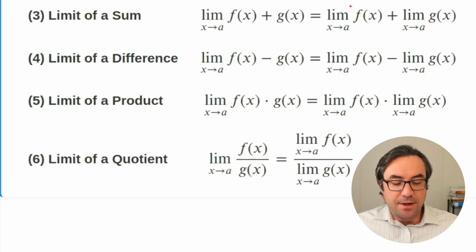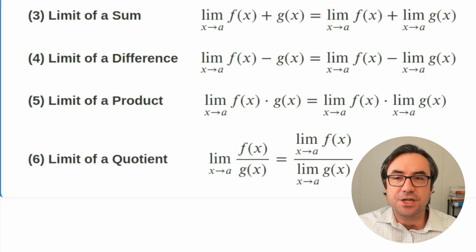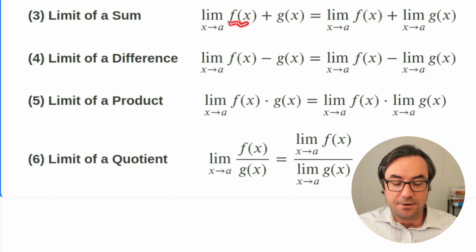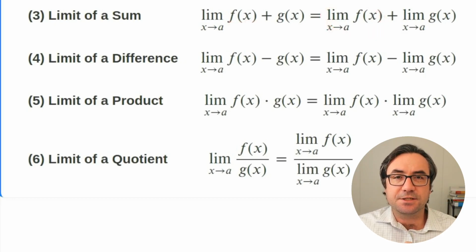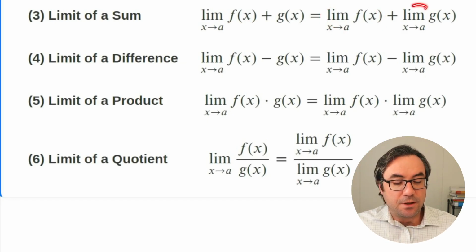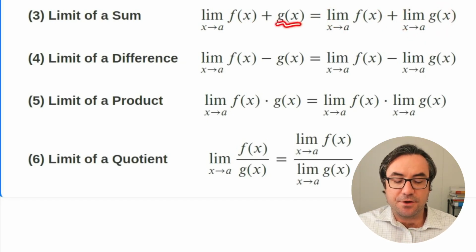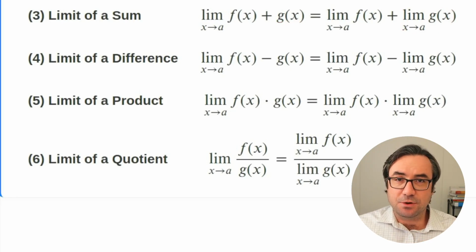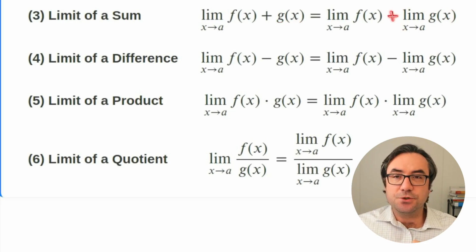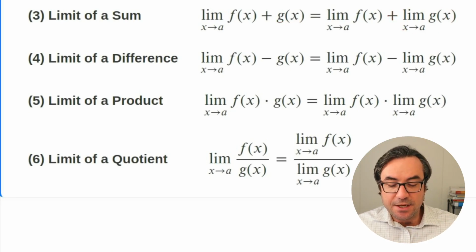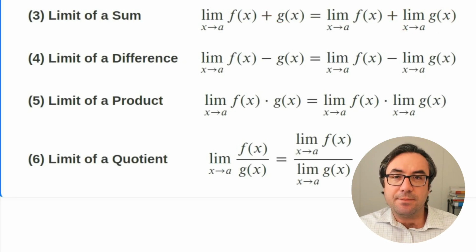We can do the limit of just the function f of x, the first part, as x approaches a. Then we can do the limit of g of x as x approaches a, and then just add those two results together. So we can split up the limit right where we see that addition sign.